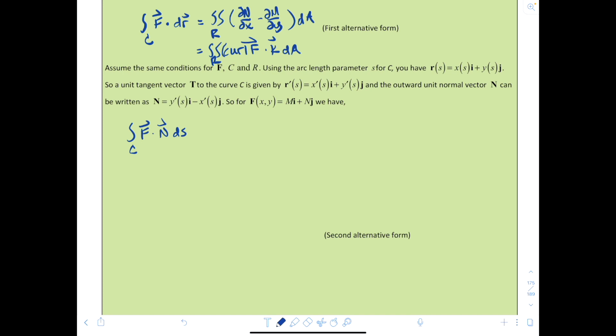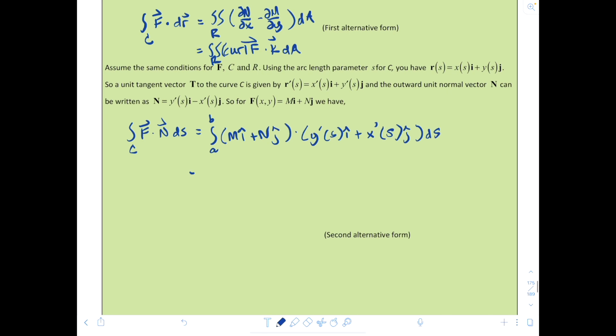And that's going to be equal to the integral from A to B of Mi plus Nj dot Y prime at S times I plus X prime at S times J ds, and that in turn will equal, oh, I messed this up, the integral from a to b of M dy ds minus N dx ds times ds.